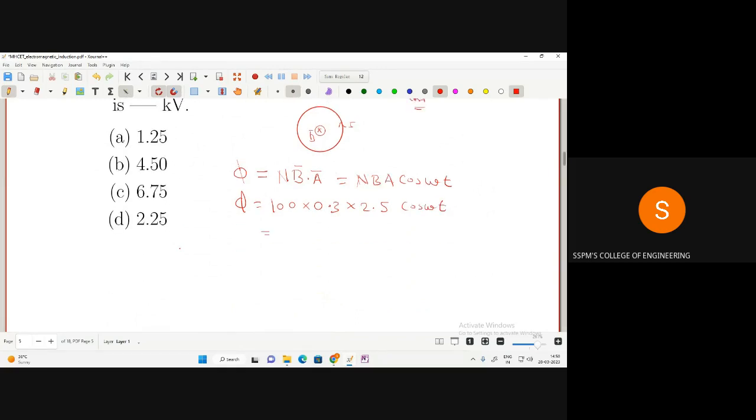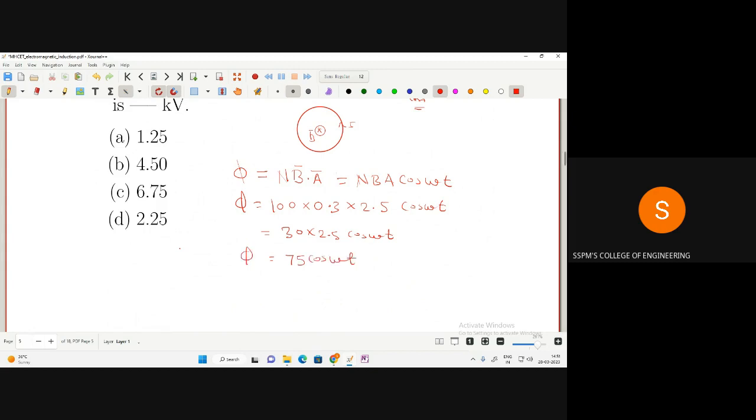Where 100 into 0.3 gives 30, so 30 into 2.5 cos omega t. 30 into 2 is 60 and 30 into 0.5 is 15. 60 plus 15, how much? 75 cos omega t.